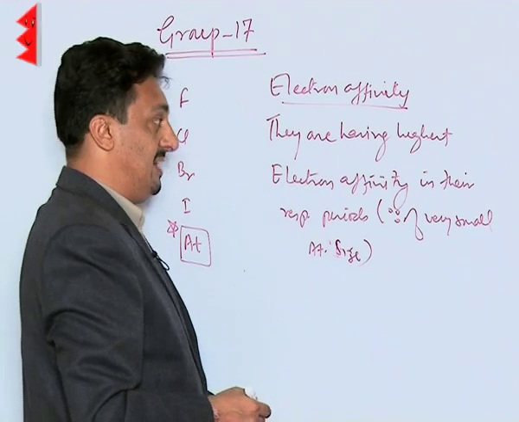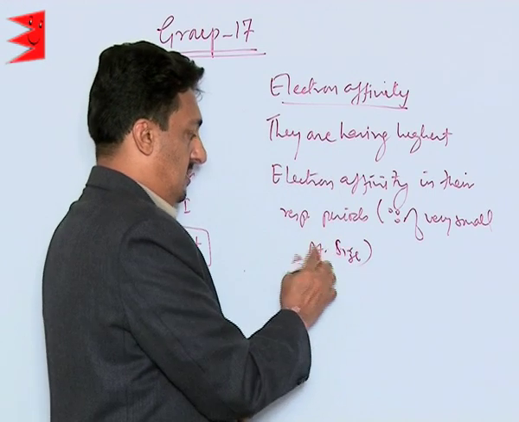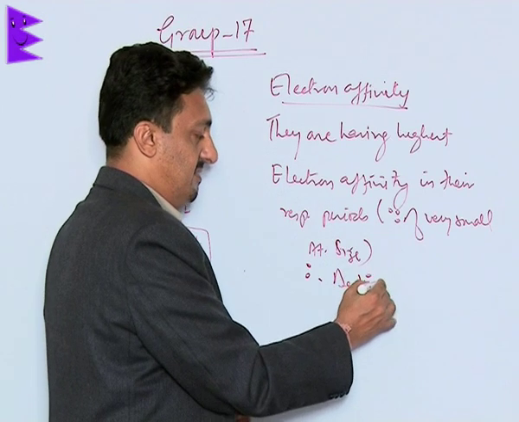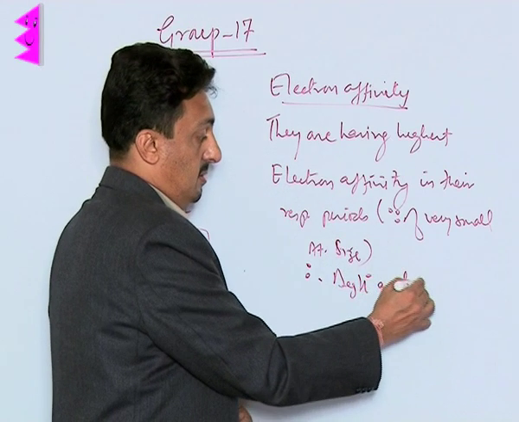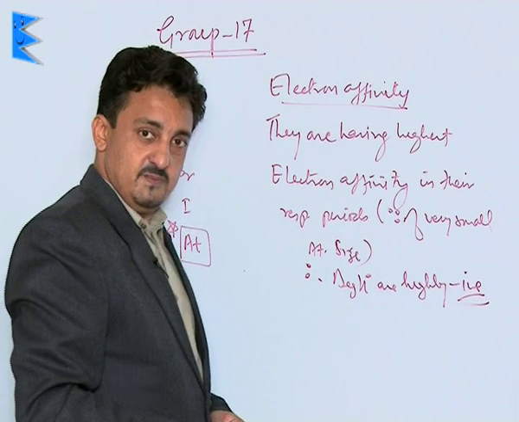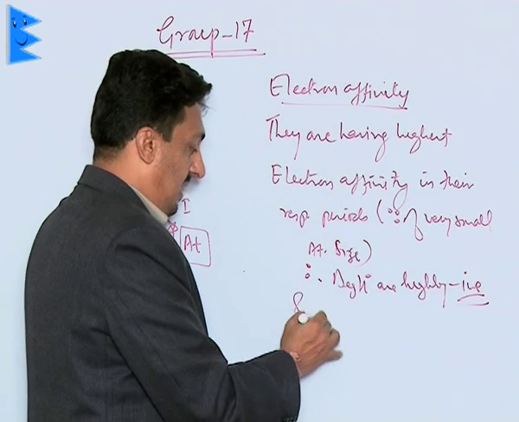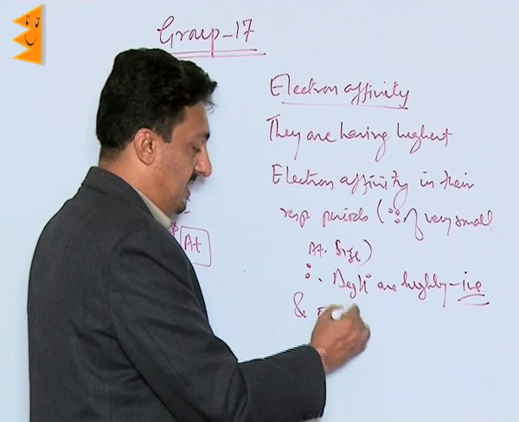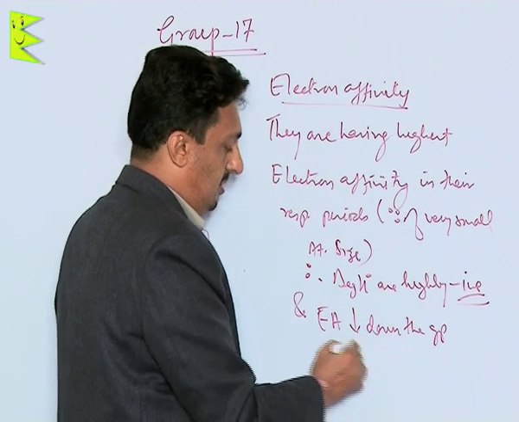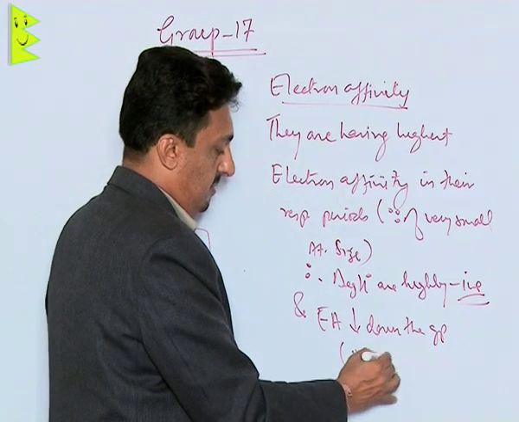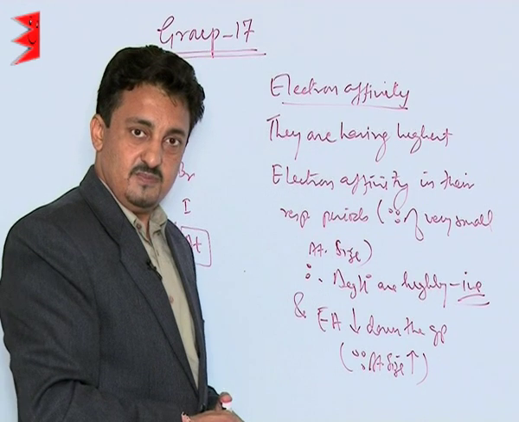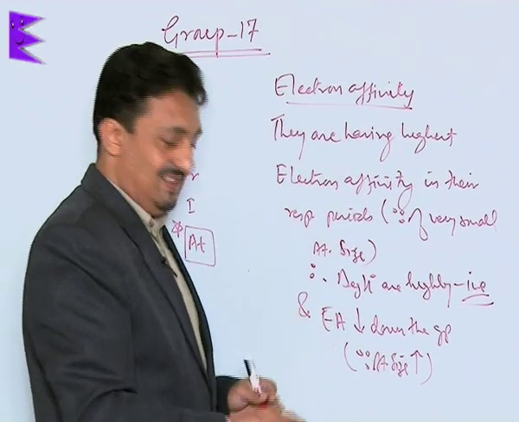And what we find is, therefore, their electron gain enthalpies are highly negative and their electron affinity decreases down the group because atomic size increases. This is what the general trend is.